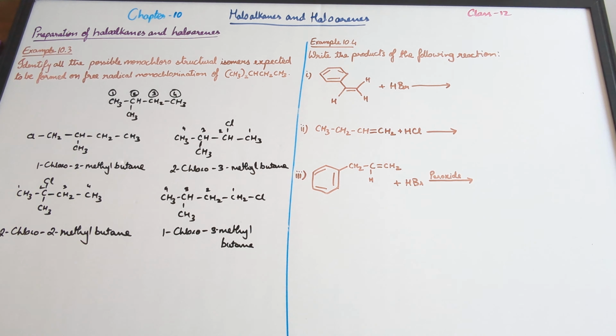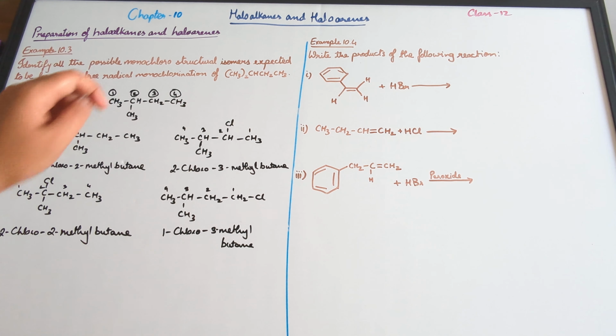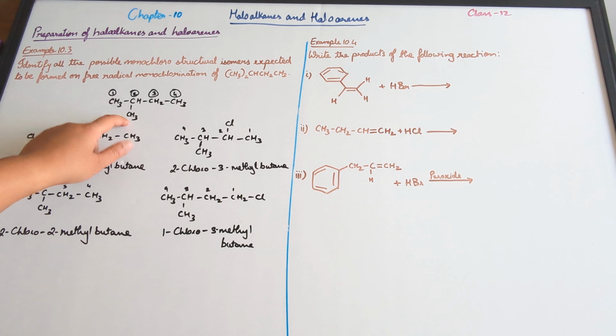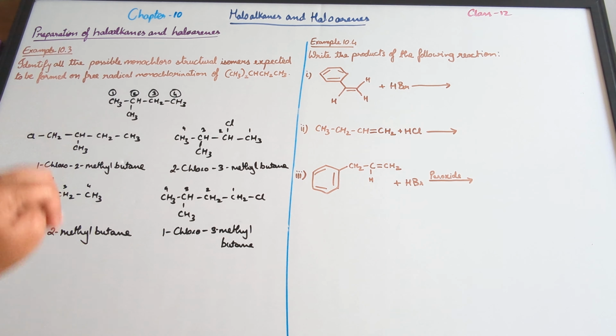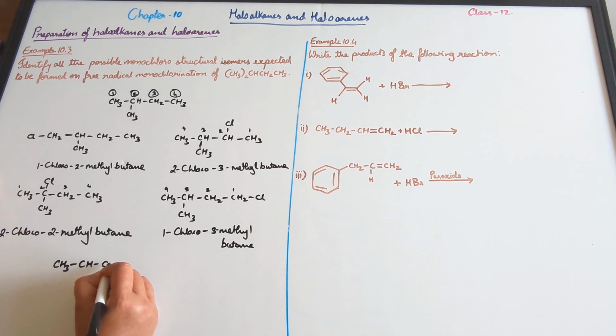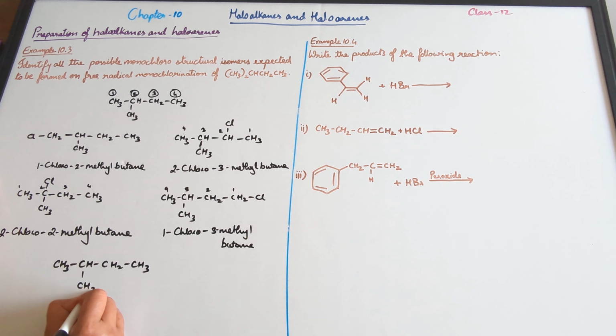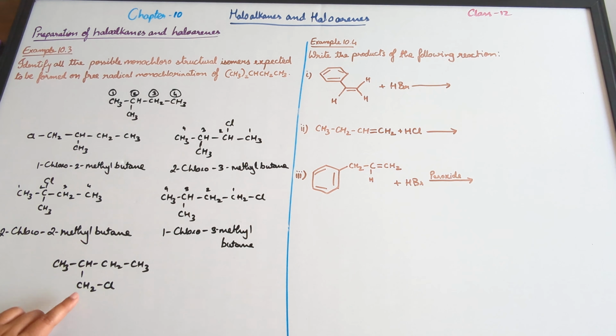Now you could be wondering, we considered the main chain, so why are we not considering the hydrogen atoms of the attached methyl group as well? Let's write that too. So CH3, CH, CH2, CH3, and then CH2Cl. Since this carbon atom is attached to the chlorine, we are going to try and bring it into the main chain.